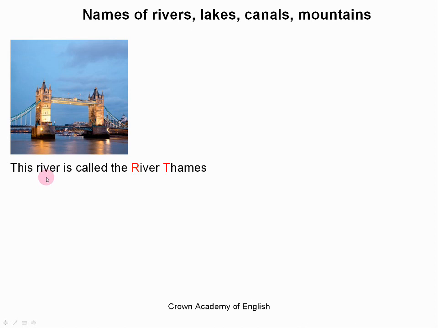But can you notice here that the word river is just a normal noun? So if we use the word river when it is not the name or title of a river, then it is just a normal small letter. That is important. So it is only a capital letter when it forms part of the name.